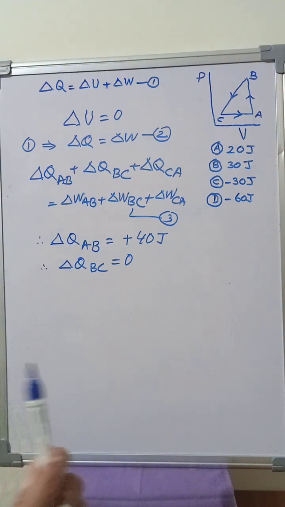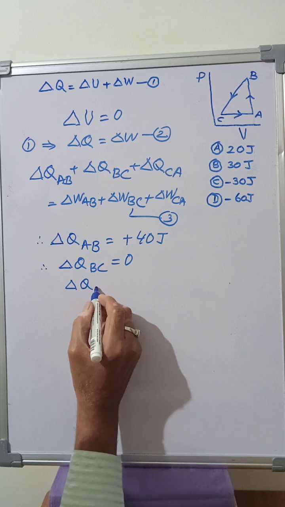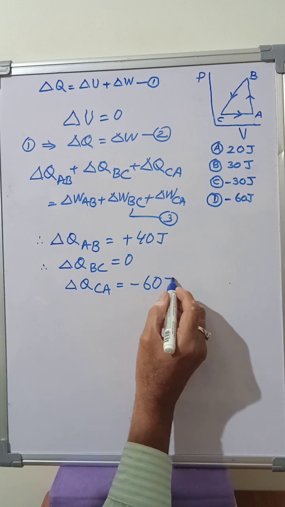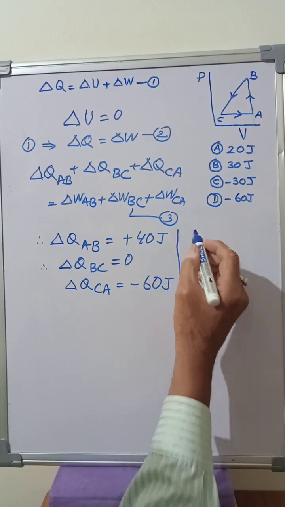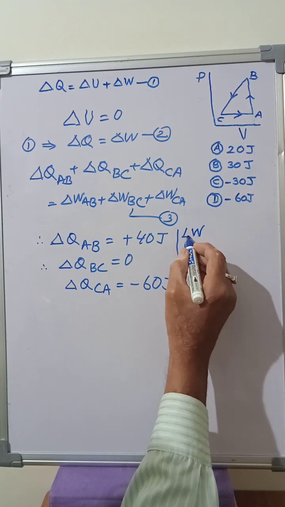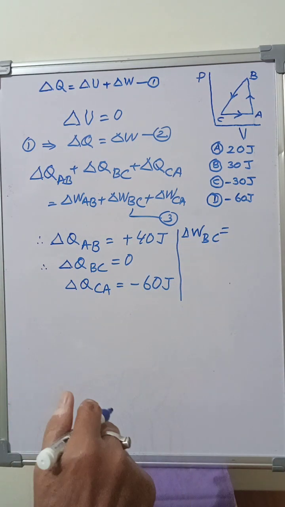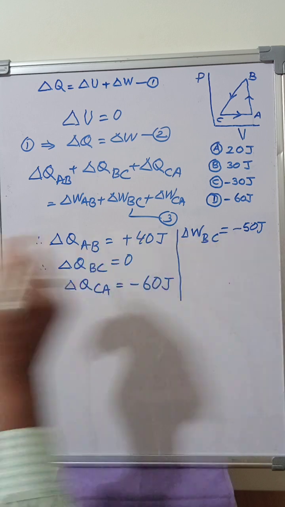And 60 joules of heat is rejected during the part CA. Therefore, we can write delta Q CA is equal to minus 60 joules. It is given that 50 joules of work is done on the gas during BC. Therefore, we can write delta W BC is equal to, because work is done on the gas, therefore it is negative, minus 50 joules.